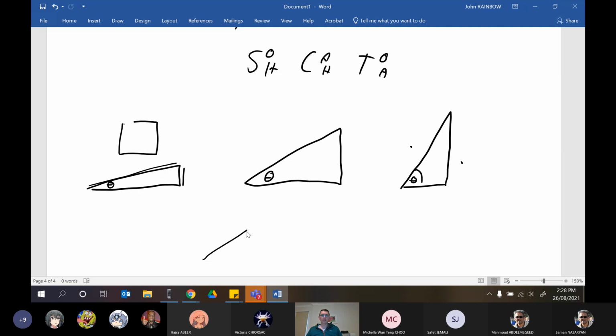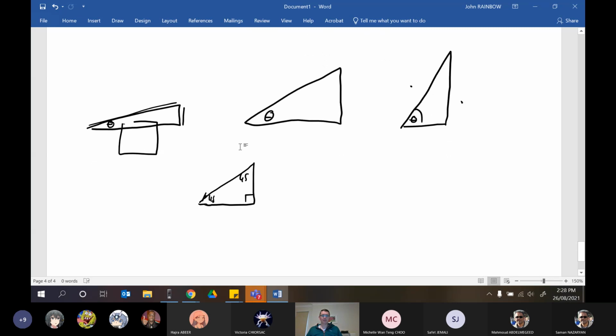Hence, when tan is 45 degrees, if you've got a 45-degree triangle, where's Hadra? You there, Hadra? She thought she got out of it. Hadra. She's checked out, has she?